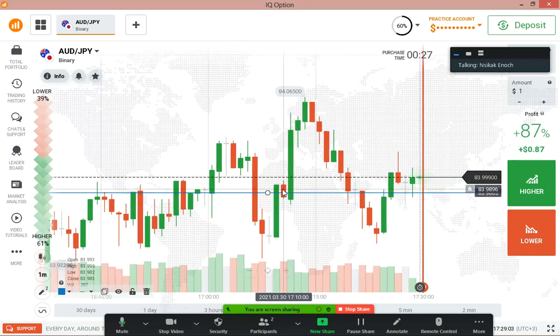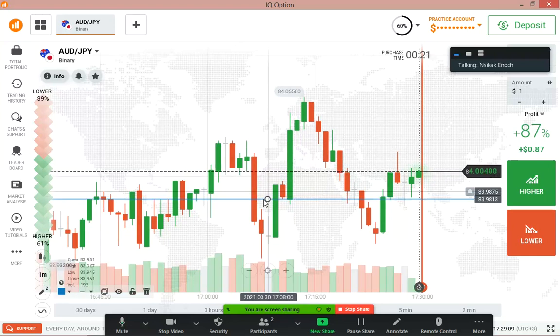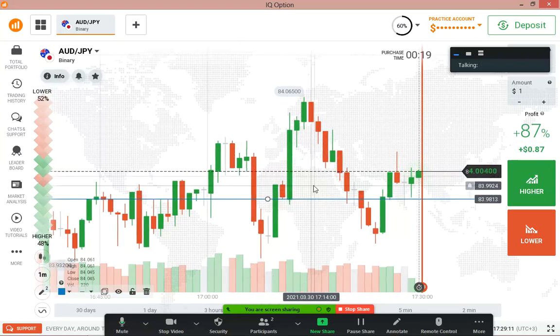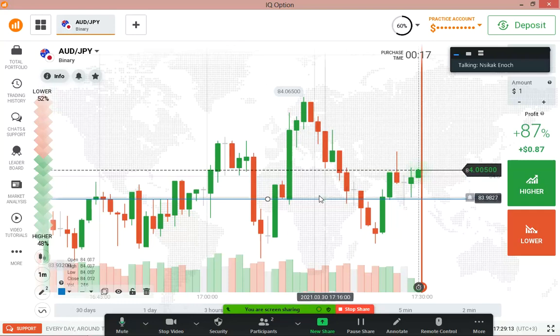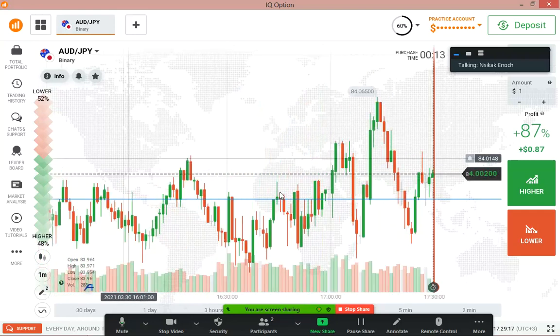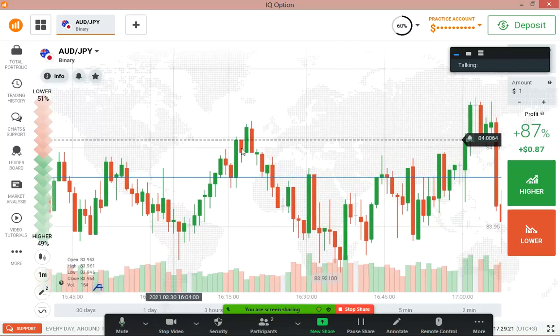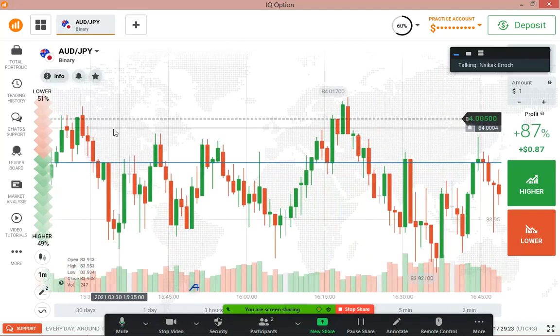Here also bias entered. Sorry, my hand is paining me. I can't move the mouse. Okay, so here bias entered, bias entered, bias entered. If you go to the left side, you also see bias entered, bias entered. Also here, the bias entered.